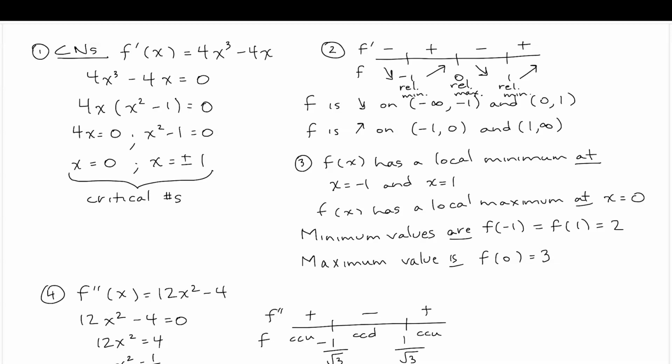That doesn't always happen. Sometimes students put in the first sign, like the first negative value in part 2, and then they just fill in the other ones assuming they're going to reverse themselves. They don't always do that, so it's really important that you actually plug values into the derivative and check what the sign is, because sometimes the sign does not change.